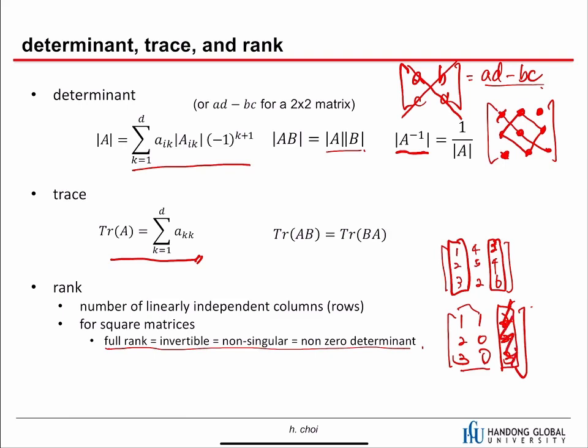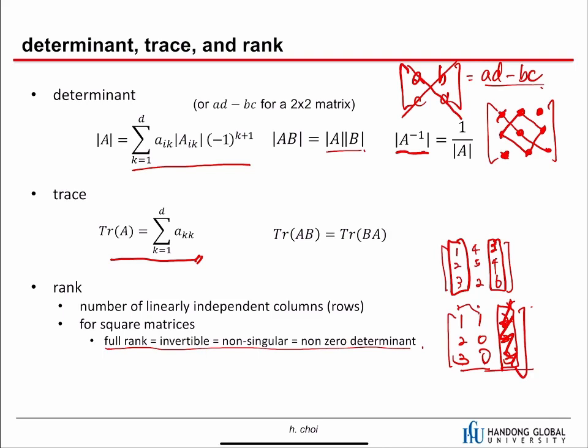And then this one cannot be represented by this matrix. So we have 2 linearly independent column vectors. That is the rank.